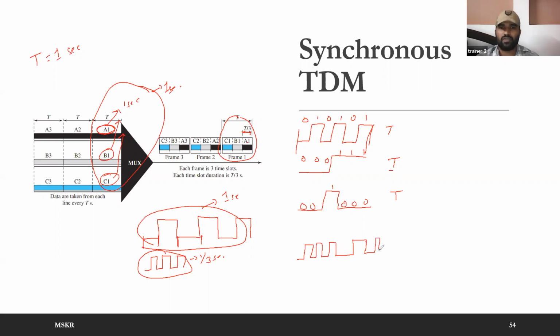Let's say this is the same interval, that is t, where 1/3 of the interval is of user 1, that is 0 1 0 1 0 1, the second part is user 2, and the third part is user 3. So this occupies t/3 seconds, remember. That is how they are going to compress.